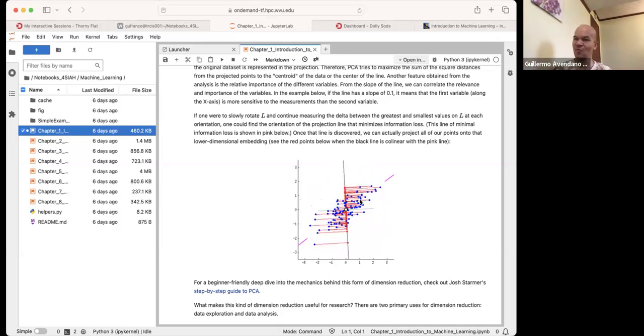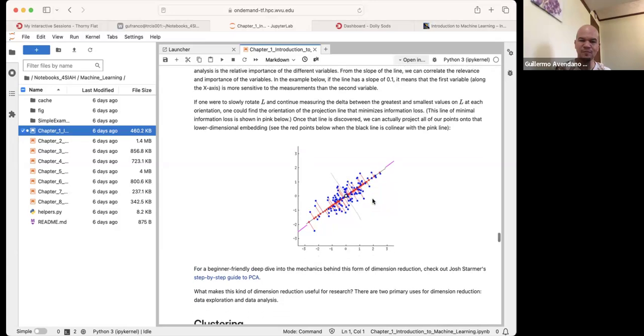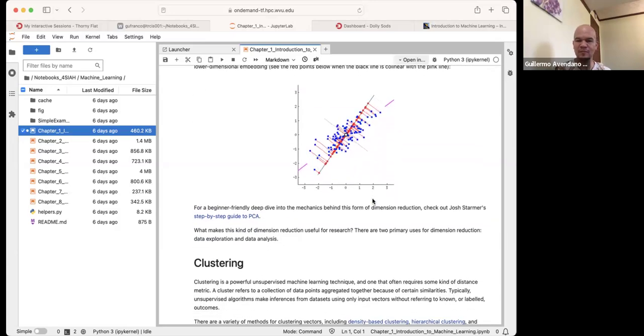So some of them will be the dimensions themselves, or combinations. In this case, it's a combination. It's a linear combination of the X and Y, which is giving me the principal component. That's the name of that, and that is what is presented here.